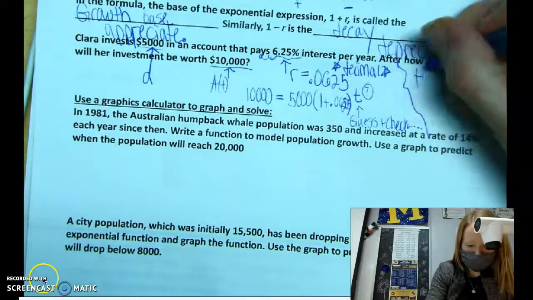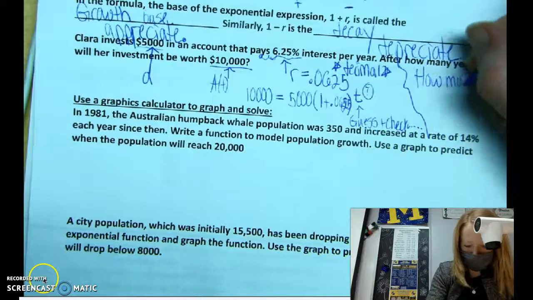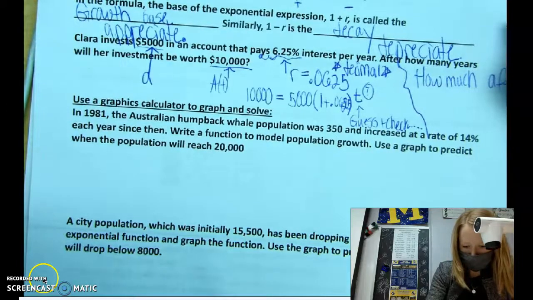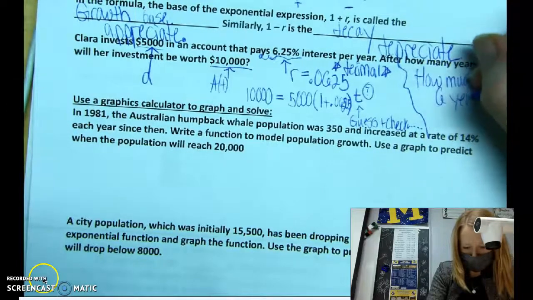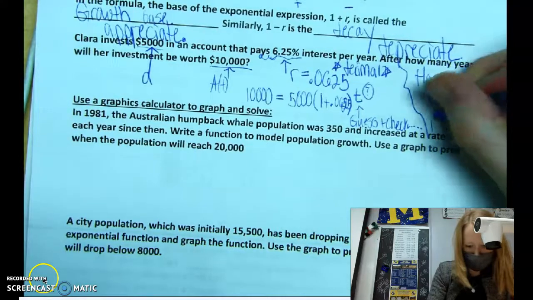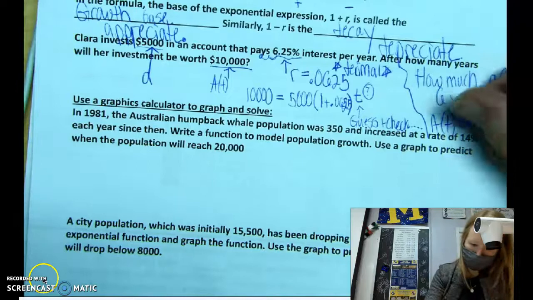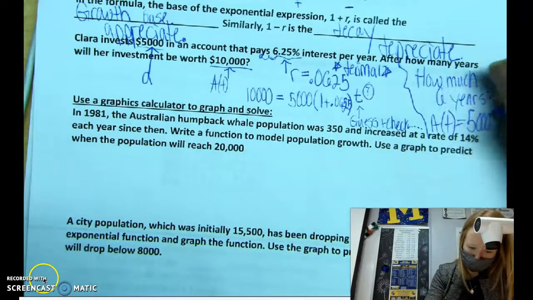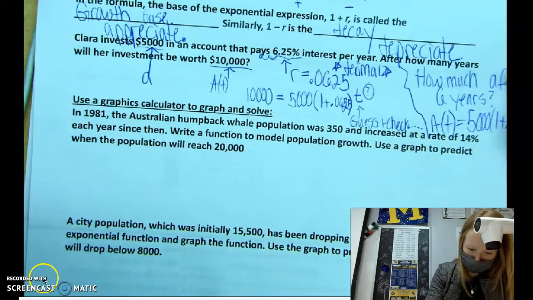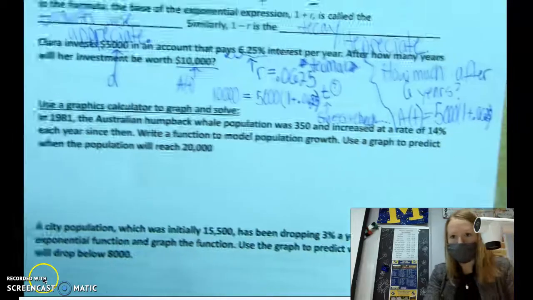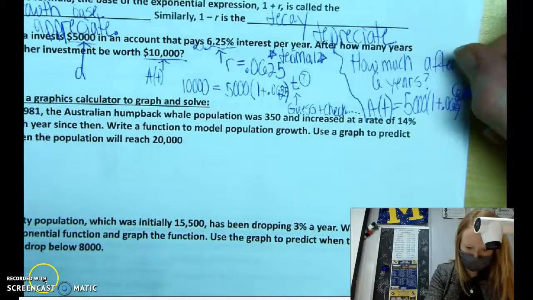So if I were to ask you how much after 6 years, we're going to be looking for the final amount after 6 years. Our initial amount was 5,000, right? I have my interest rate that I'm gaining, and I'm going to raise that to the 6th power.